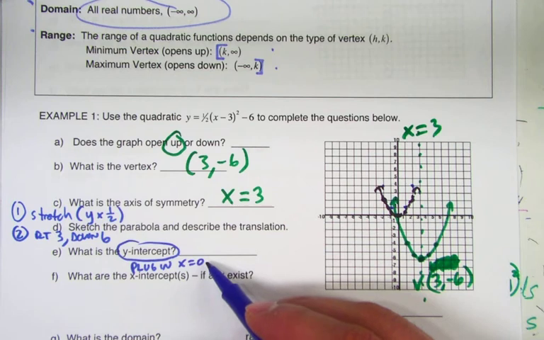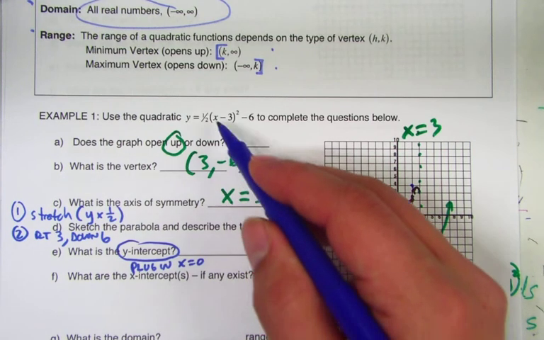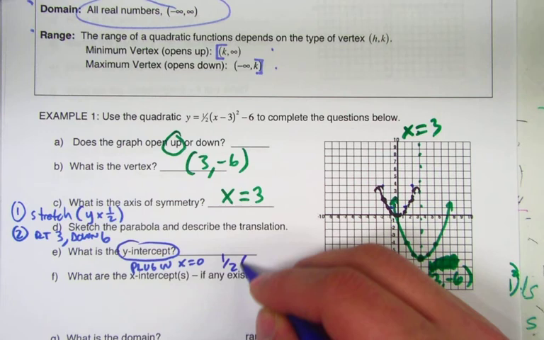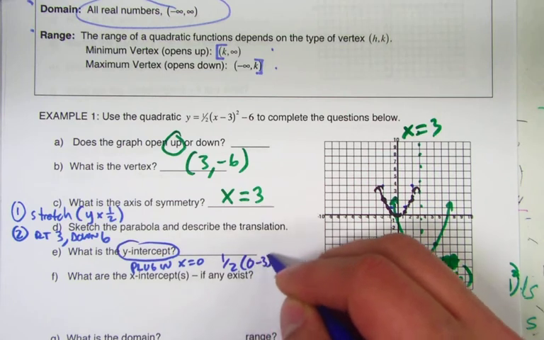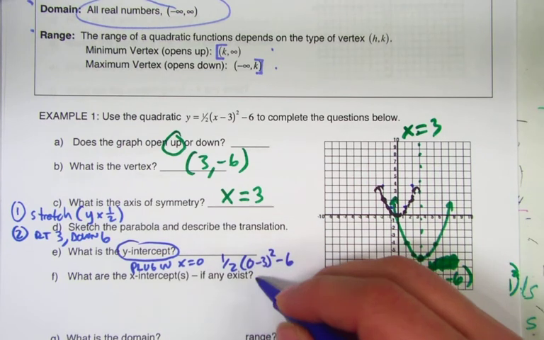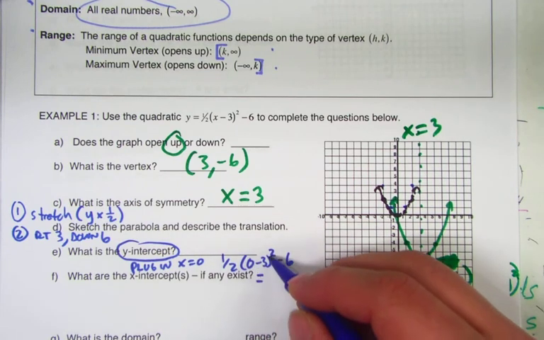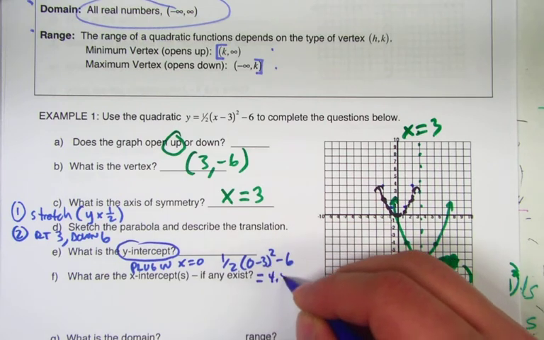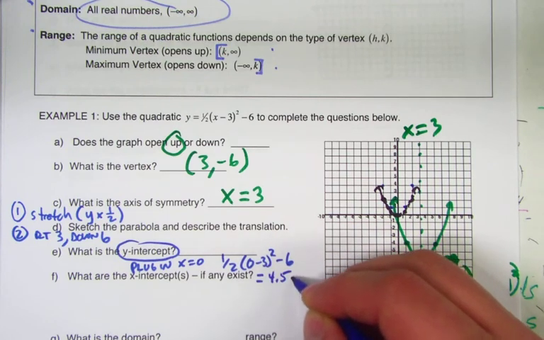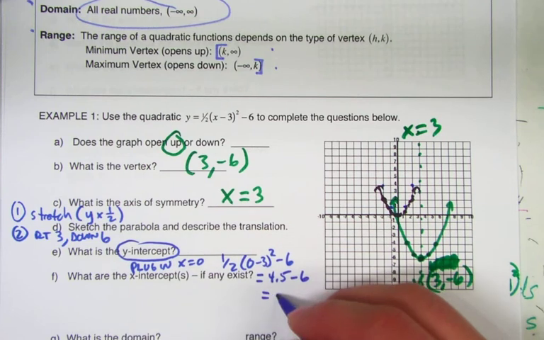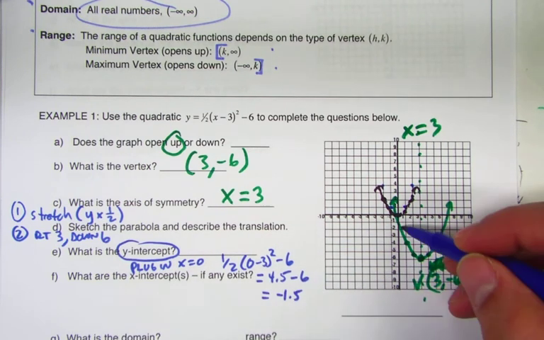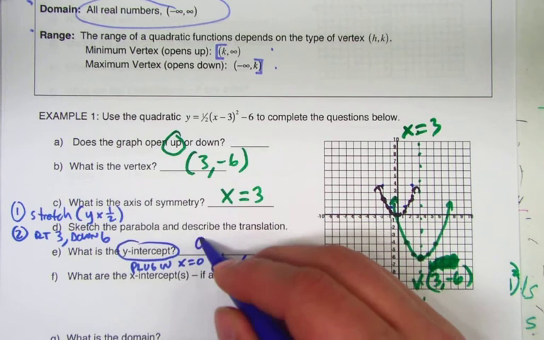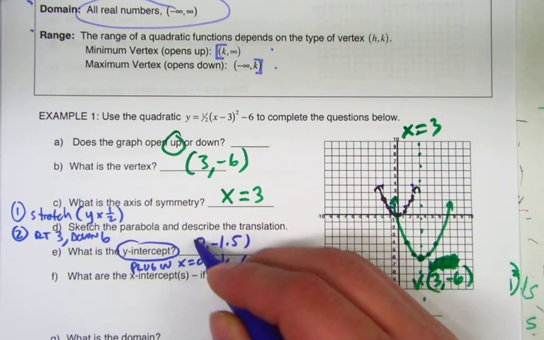So if I plug 0 into the equation, I get 1/2 times 0 minus 3 squared minus 6. Negative 3 squared is going to be 9. 9 times 1/2 is 4.5. I subtract 6. I get negative 1.5, which looks reasonable for my picture. So the y-intercept is at 0, negative 1.5.